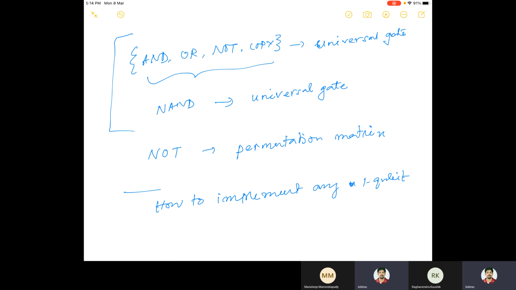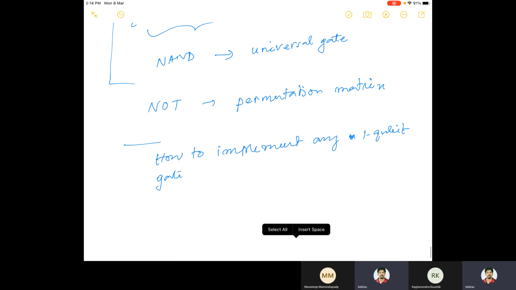And we said, okay, using our rotations Rx, Ry, and Rz, the rotation about x, y, and z, and I think the phase gate, we can construct all possible unitary gates of dimension 2 by 2. That means they are all one qubit gates. Okay, so this is, I think, where we ended.